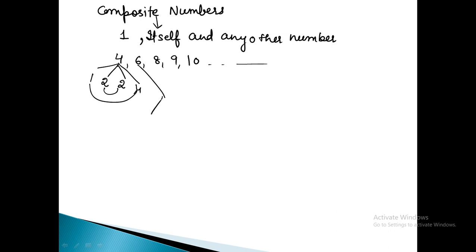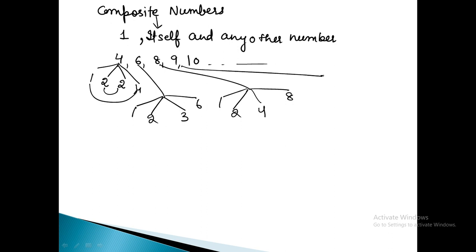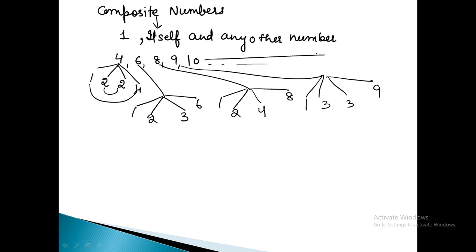Like this, 1 times 6, 2 times 3 is 6. 1 times 8, 2 times 4 is 8. 1 times 9, 3 times 3 is 9. 1 times 10, 2 times 5 is 10.